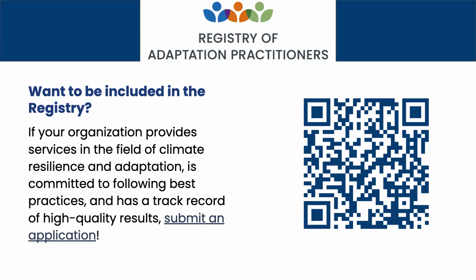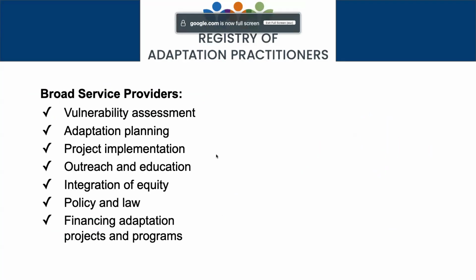And so they need to have a focus on adaptation and demonstrate through the application that they have expertise with adaptation, that they produce high quality results, and that they're knowledgeable about the best practices in adaptation. So this QR code links to the application, but Laura or Deb or Catherine, if you could put a link in there for that.